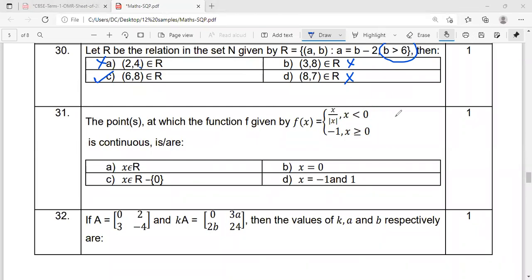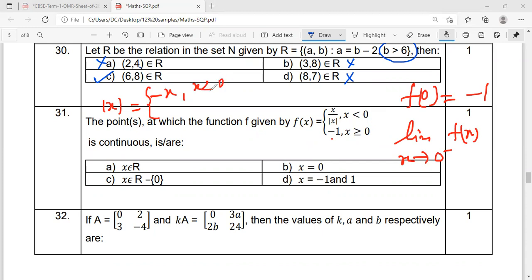So what we'll do is we'll find f(0), which is given here, which is -1, and the limit as x tends to 0 from the negative side of f(x) would be this function. Look, the mod of x is negative x if x is less than 0, and it is positive x if x is greater than or equal to 0.